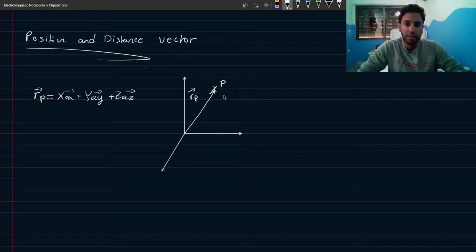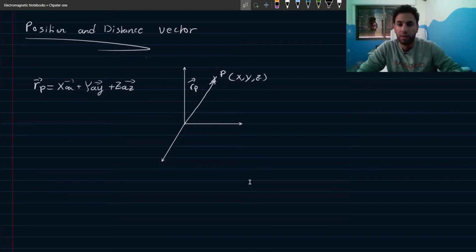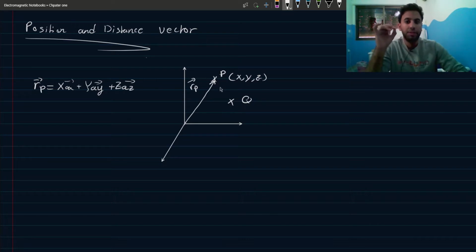The x, y, and z are the coordinates of the point P. The distance vector states that if we have a second point, we will call it point Q, there will be a vector that links point P to point Q. So point P to point Q is a second vector, and this vector will be called RPQ.